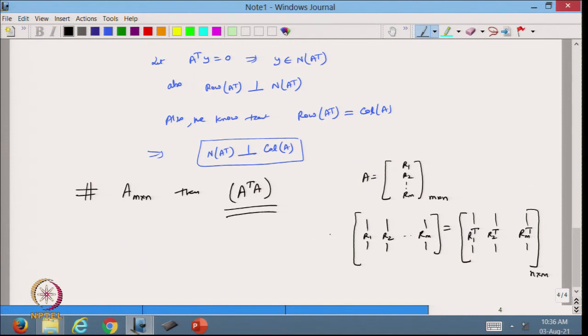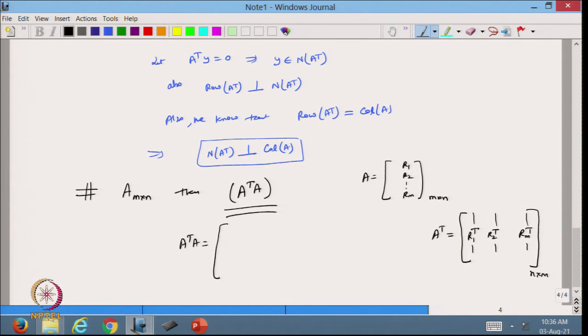So, basically this will be A transpose. So, if A is this one, the A transpose will be this one. So, this is my A transpose.